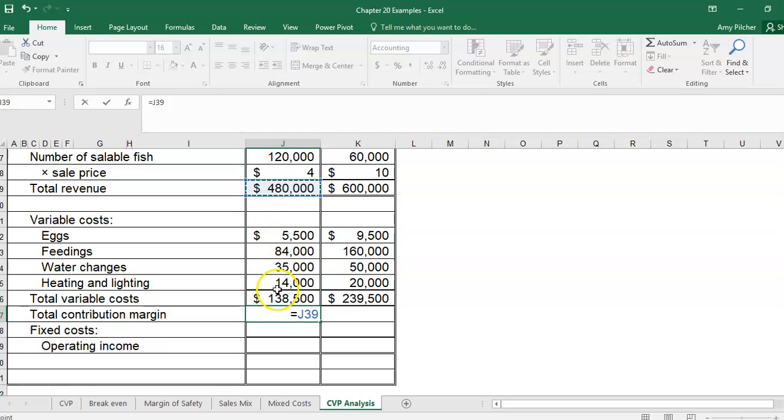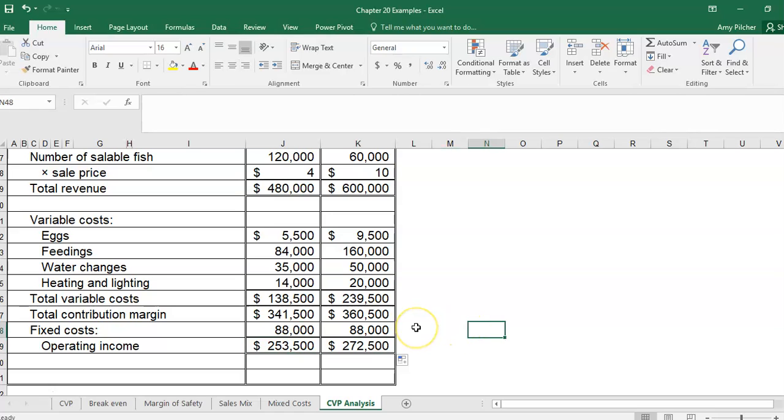So contribution margin is total revenue minus variable costs. Our fixed costs now are $88,000 because we made that $8,000 investment added to our original fixed costs. So total contribution margin minus fixed costs.